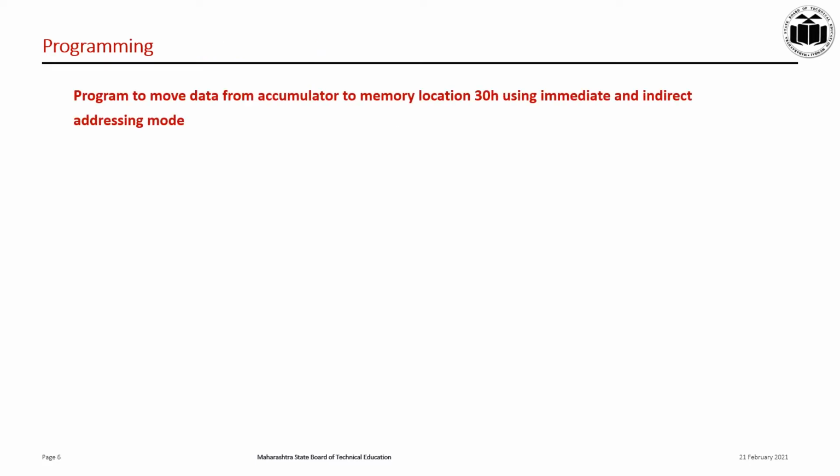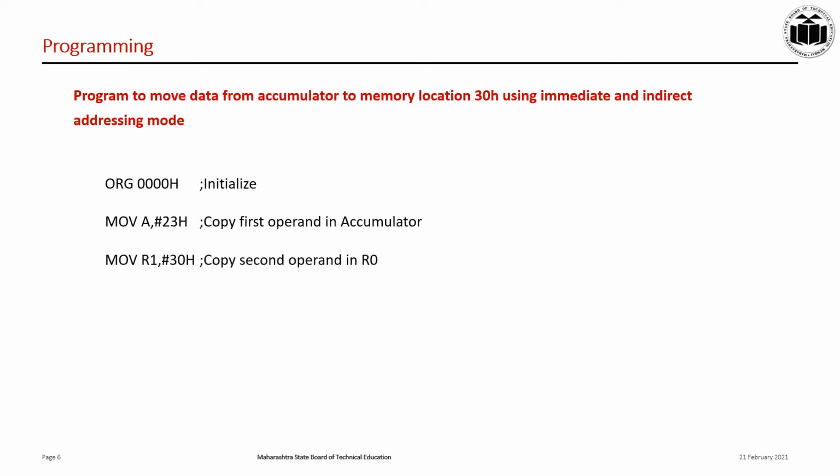Let us start with a small program to move data from accumulator to memory location 30H using immediate and indirect addressing mode. Starting memory address initialization can be done by using ORG 000H. MOV A, #23H. Immediate data 23H will be copied to accumulator. MOV R1, #30H.